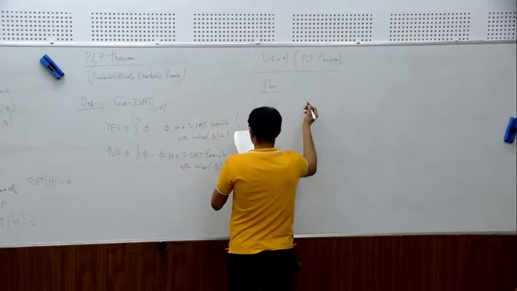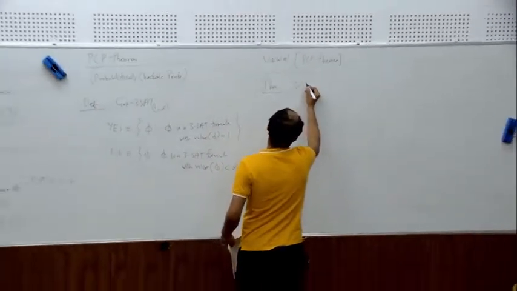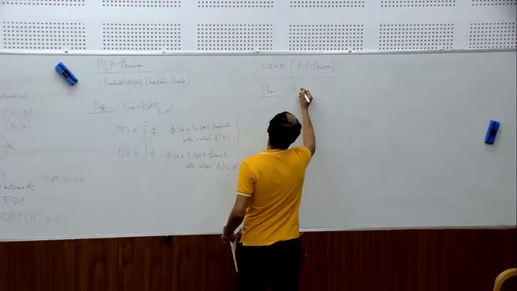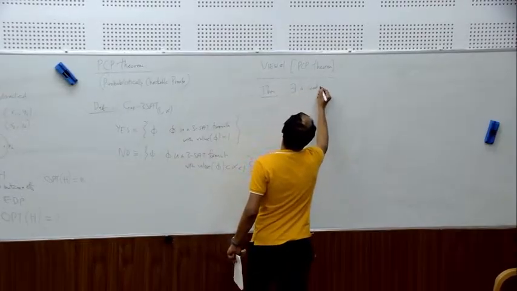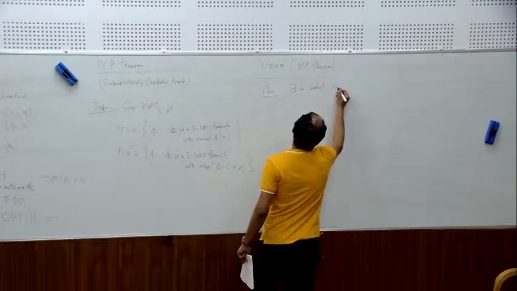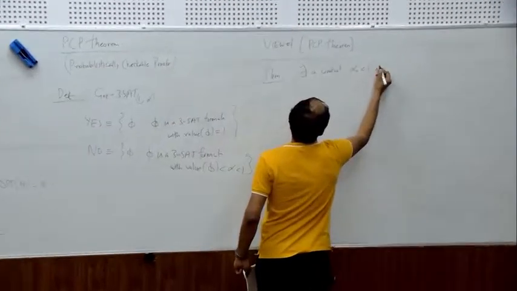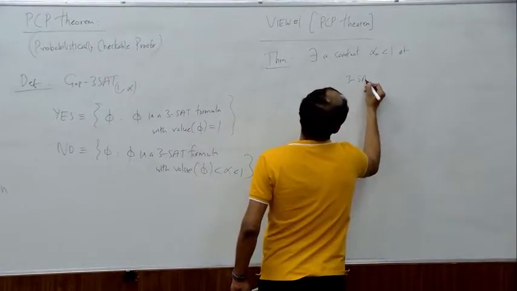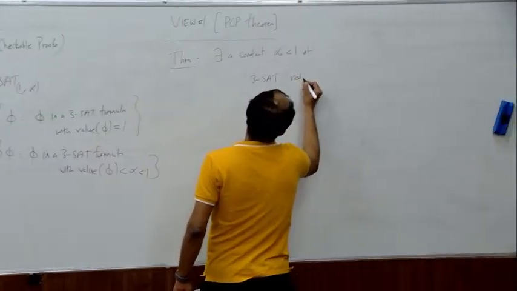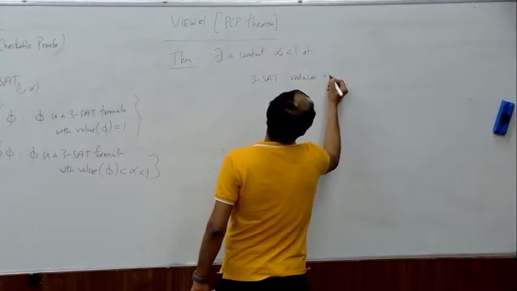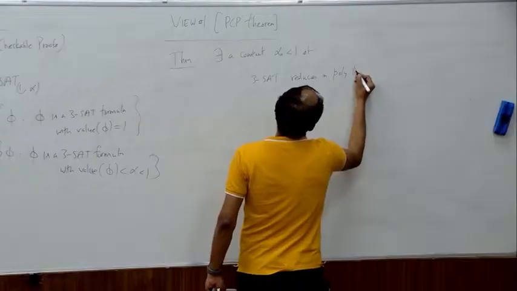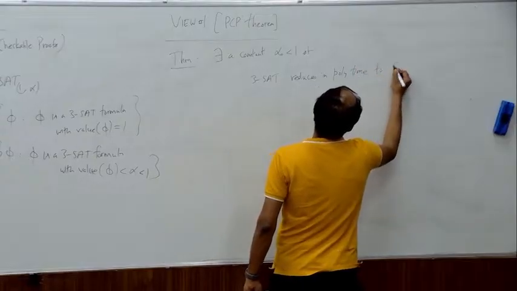This theorem asserts the following: there exists a constant alpha 0 less than 1 such that 3-SAT reduces in polynomial time to gap 3-SAT.